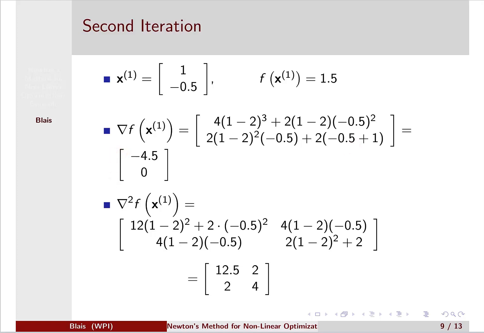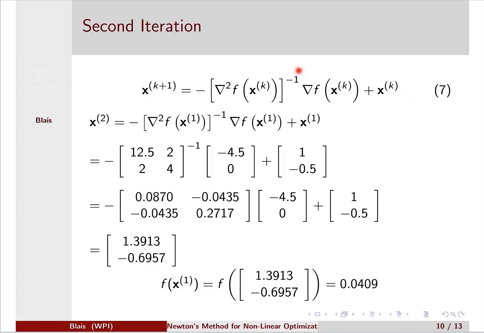That gives us a gradient value of minus 4.5, 0 at this point x1. And we do the same for the Hessian, plugging in x1 equals 1 and x2 is minus 1/2. We get the matrix 12.5, 2, 2, 4. So this is the Hessian of f evaluated at the point x1.